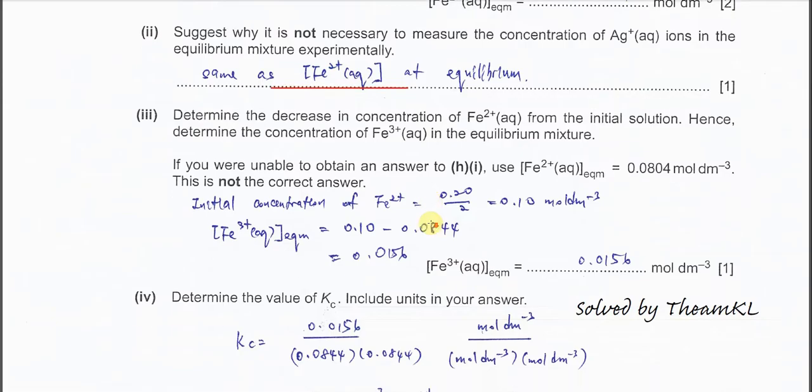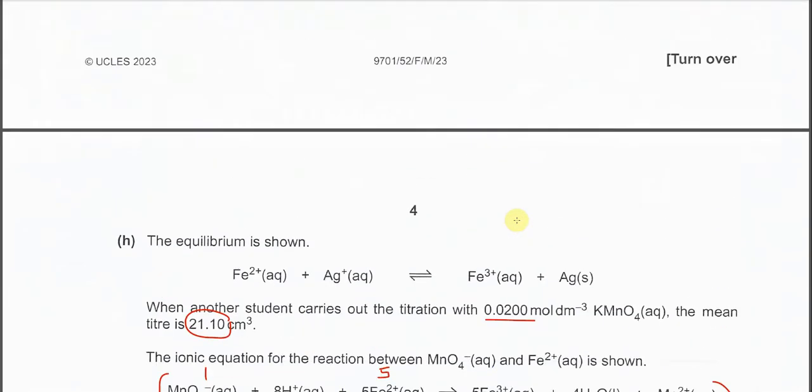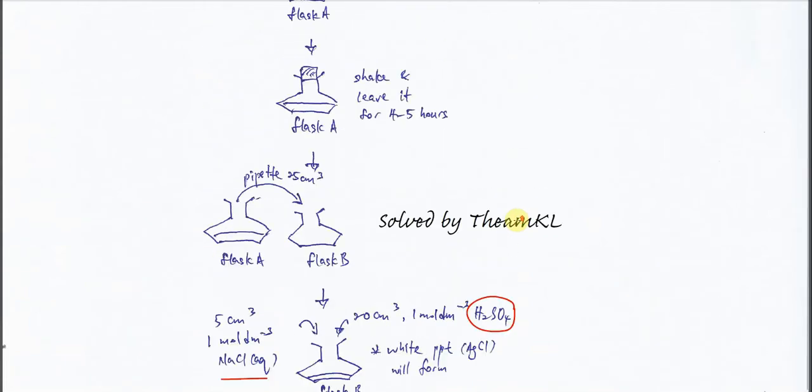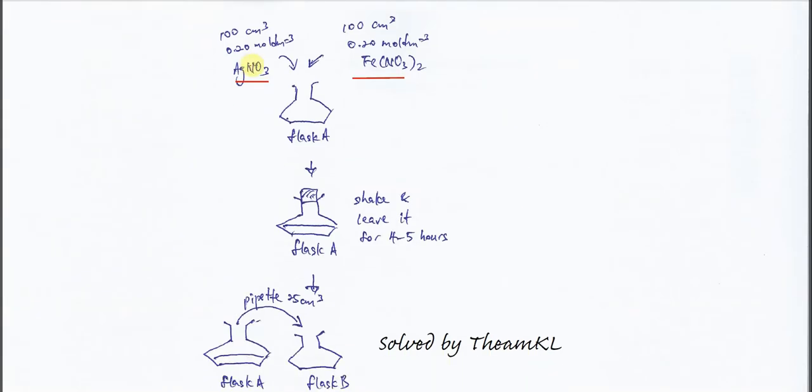Part 3, determine the decrease in the concentration from the initial solution, then determine the concentration of Fe3+ in the equilibrium mixture. First you need to calculate the initial concentration. Let's get back to the diagram just now, which is very useful for you to understand. Initially we add two solutions, 100 cm3 each with the same concentration.